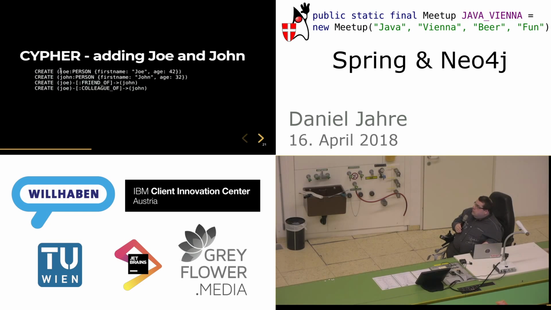And this Joe here is a variable. I could call it X or something like that. And a variable is active during a transaction. So if I'm using these four statements in one transaction, I can reuse that variable. So this is what I'm doing here. I'm creating a FRIEND_OF relation between Joe and John because I have the variables defined already. Is that okay? And I'm doing the same for the COLLEAGUE_OF relation.